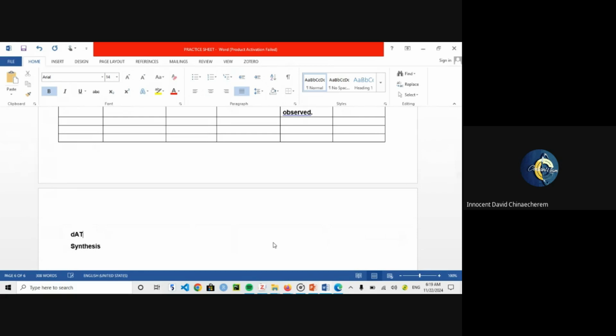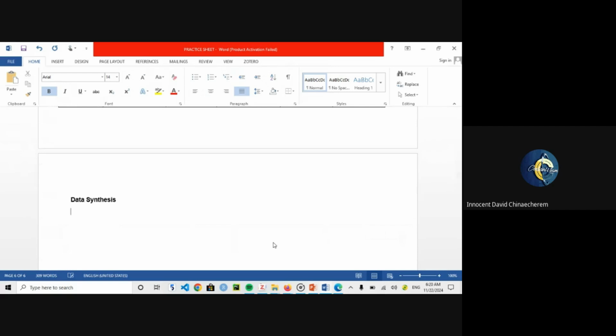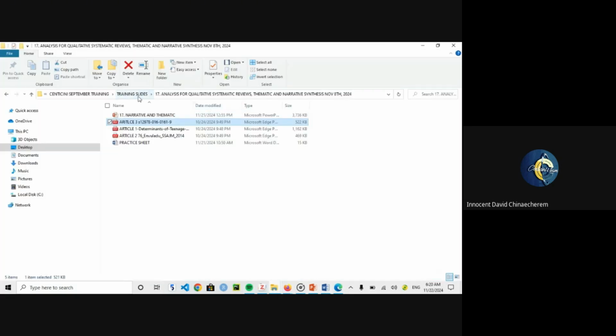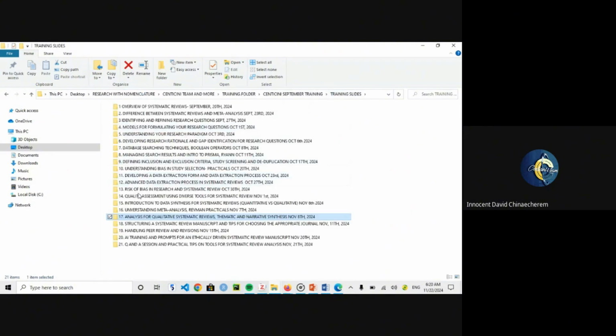Now, remember, the first thing you do in your synthesis is to first of all explain the method of synthesis you used. And one thing that is very ideal in your manuscript, if we're going to have a sample of what it's going to look like, we'll go over to our first lecture on data synthesis.